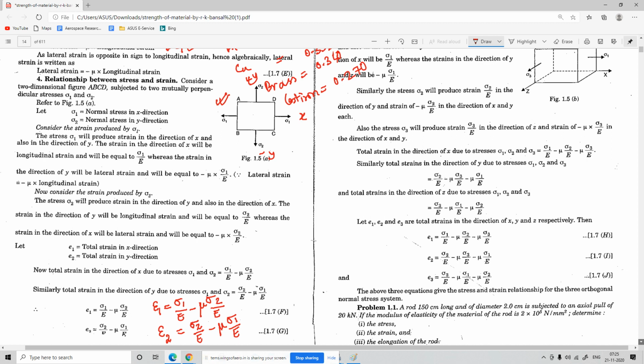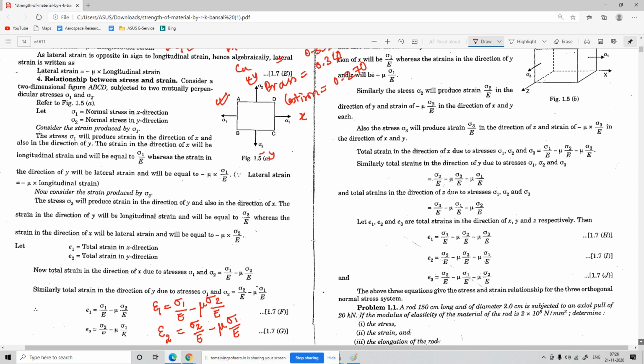This is a very important one. Sometimes they will give you a schematic diagram with the values, and precisely which direction they are asking you to find the strain in.